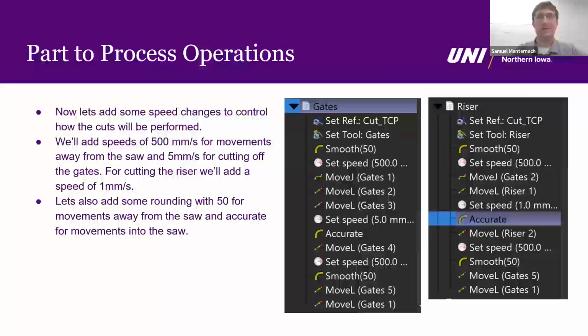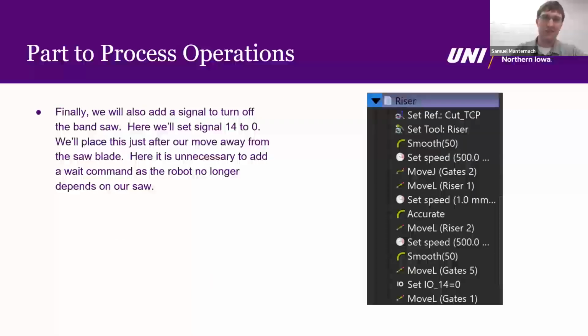One last thing, when we're doing an operation like this, we're also going to include a signal. In this case, like we did before, when we initialize this program, we're now going to create a signal to turn off our bandsaw blade. So after we move away from the bandsaw blade, which is going to be that fifth move in the case of the riser, simply because our operation is going to go gates first to remove those gates, that'll give us access to cut our riser.